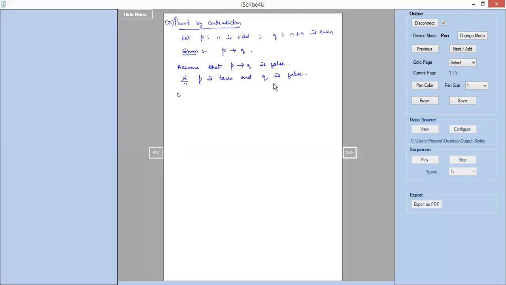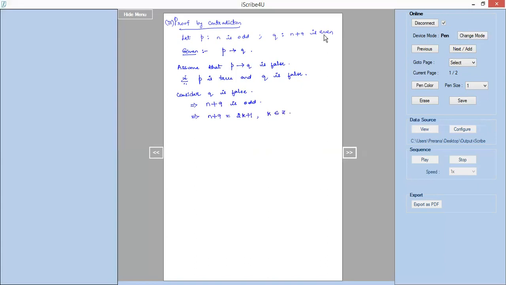Now we will consider Q is false and try to arrive at the contradiction. What is the Q we have taken? n plus 9 is even. So Q is false means I have to assume n plus 9 is odd. If n plus 9 is odd, then n plus 9 can be represented as 2k plus 1, where k belongs to the set of integers.